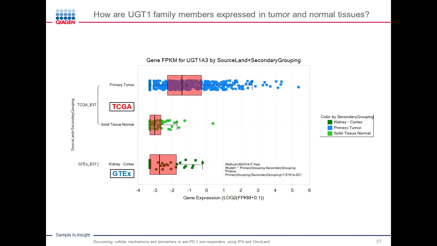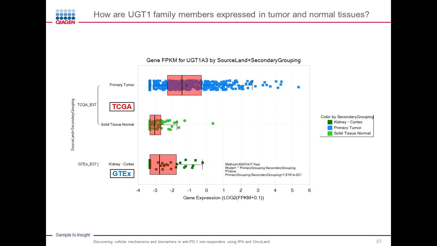So in this chart, what we see is we have tumor from TCGA as the top row. Solid tissue normal, which is the adjacent normal tissue from TCGA, as the second row. And then finally, normal tissue from GTEx as the third row. And what you see over here is there's not much difference in expression between normal of TCGA and GTEx, but there's greater difference in expression between both normals and tumor from TCGA.